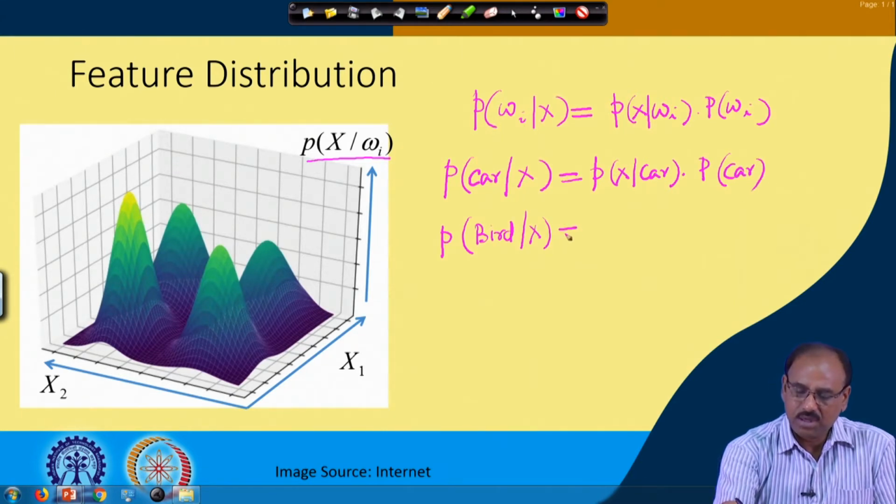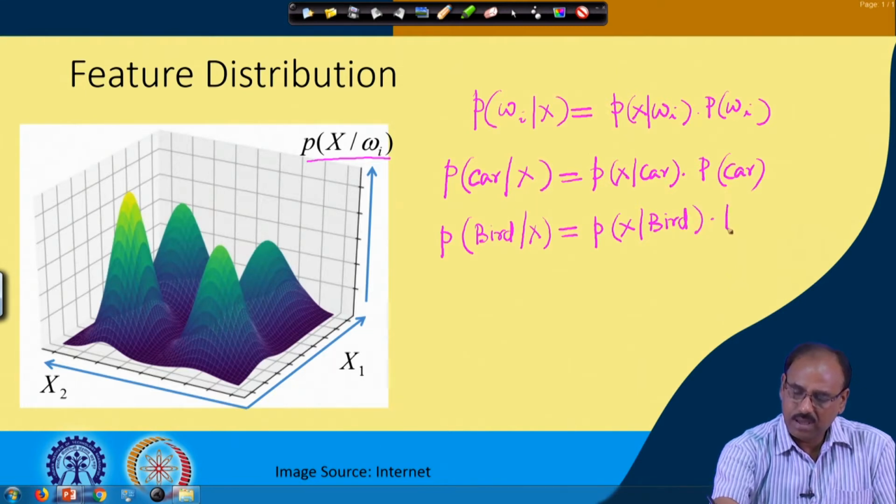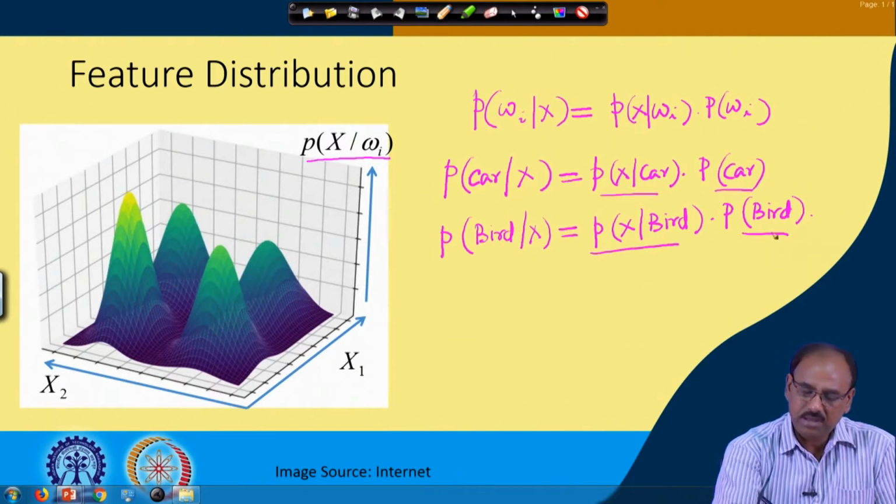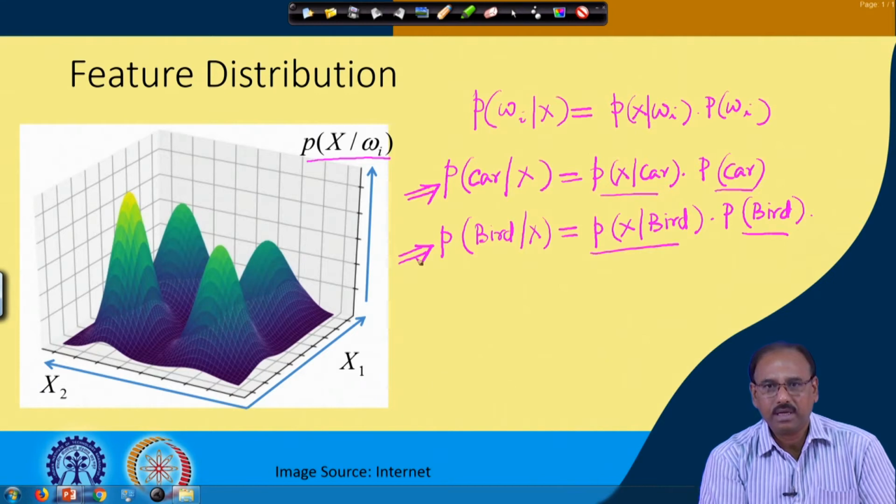Similarly, in this case, we will compute P of x given bird into the a priori probability P of bird. So, these are my class conditional probability densities, these are the a priori probabilities, and from these we compute the a posteriori probabilities P of car given x and P of bird given x.